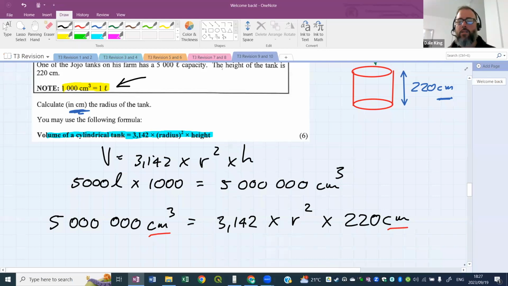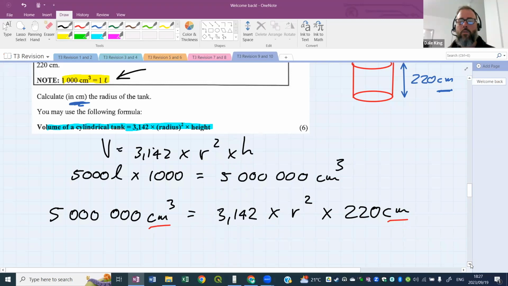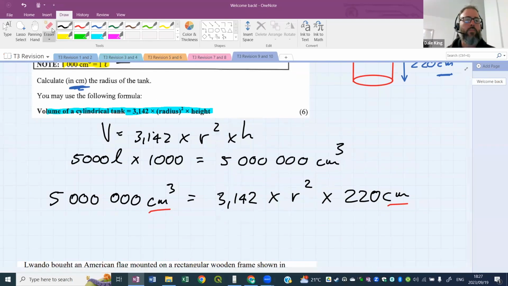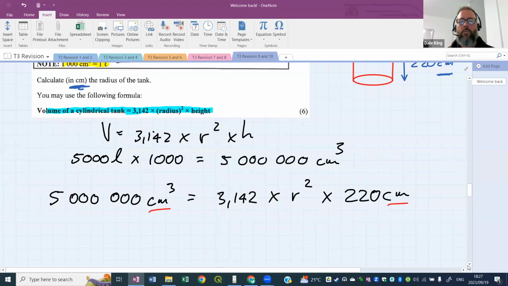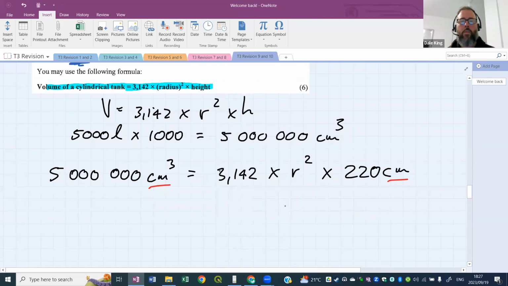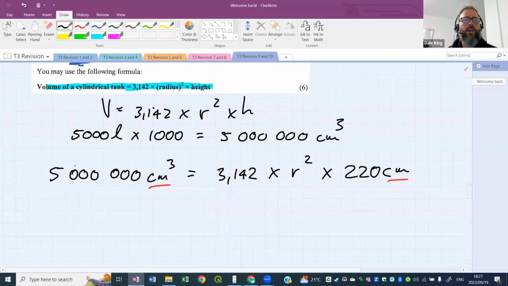Okay, Ben, this is the interesting part. What do I do now? On your right-hand side, you times 3,142, you times it by 220. So yes, what Ben's saying is simplify the right-hand side of this equation. Make it more simple.